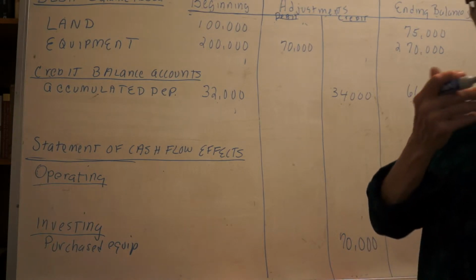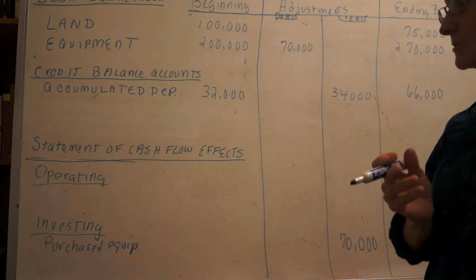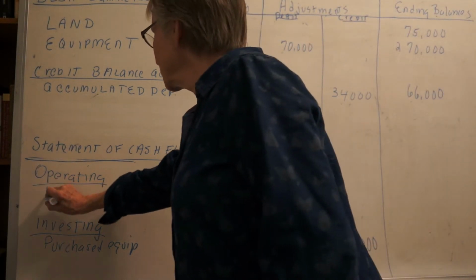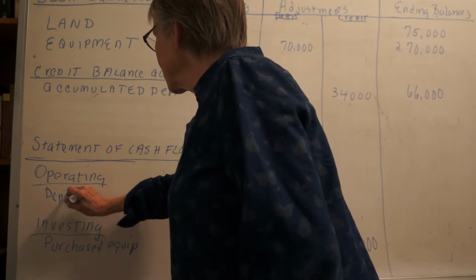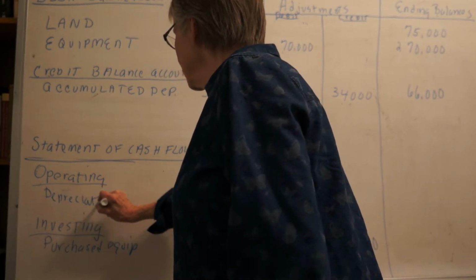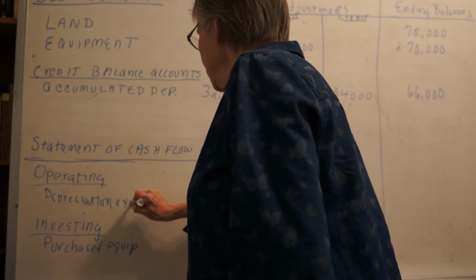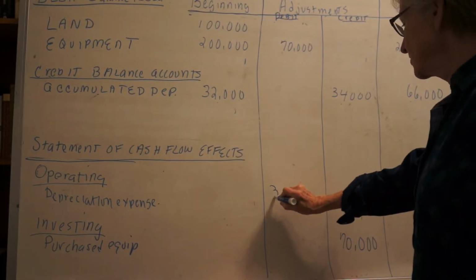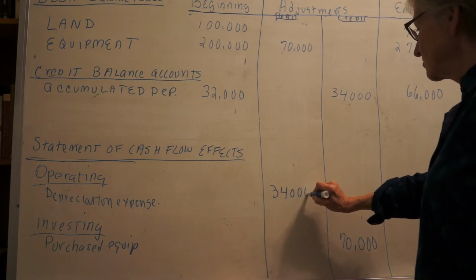Expense is an income statement account that goes in the operating section. So we are going to be going depreciation expense in the operating section because it is an expense, and that's where the 34,000 goes.